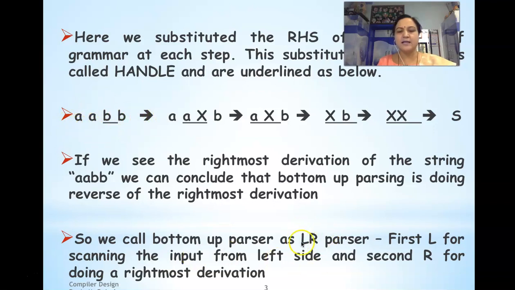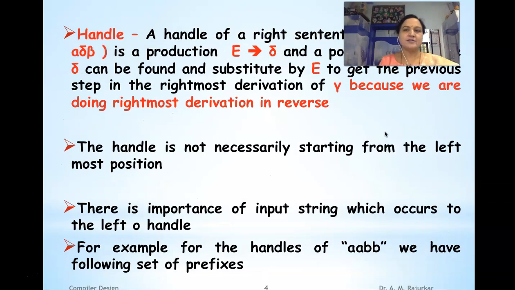The second R stands for doing the rightmost derivation. Just now we have seen that the rightmost derivation in reverse is nothing but bottom up parsing. So the name LR is given because the LR parser reads the input string from left to right, and it uses rightmost derivation in reverse.